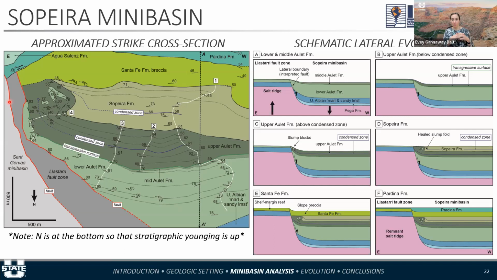However, again, we found no diapir-derived detritus in any of this stratigraphy. We found no remnant Keuper evaporites in this Yastari fault zone. So rather than an emergent diapir that was welded, we envision this being more likely an elevated salt ridge.